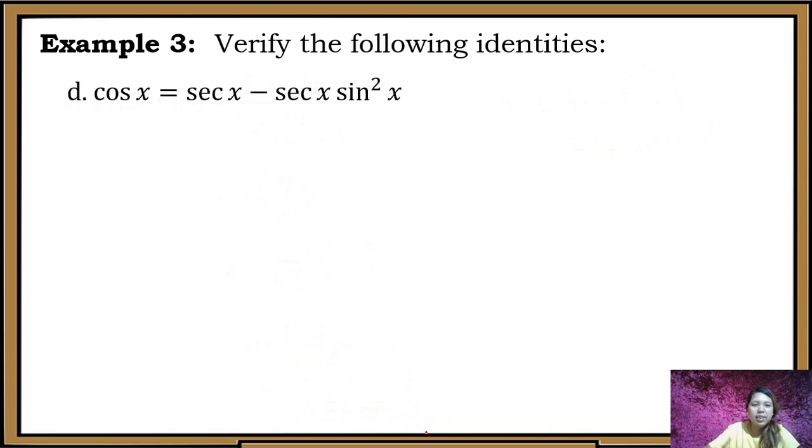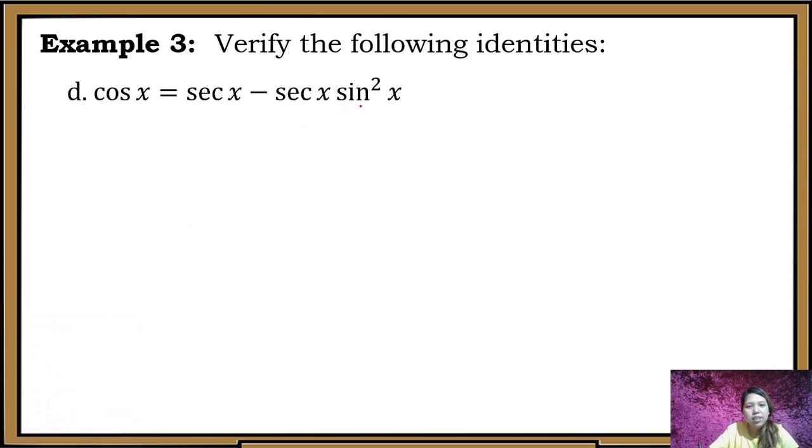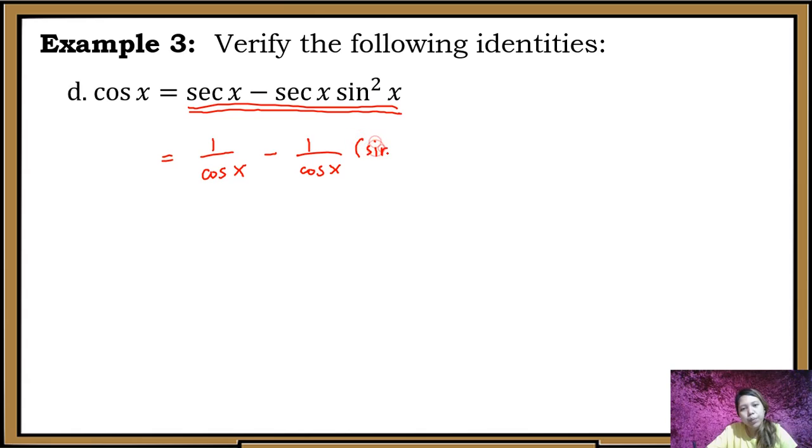Okay, last example. Cosine x equals secant x minus secant x sine squared x. I'm going to manipulate the right side. So secant is 1 over cos x, minus secant, still 1 over cos x, and I'll just copy sine squared x.